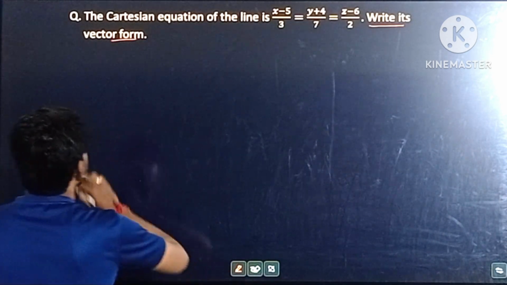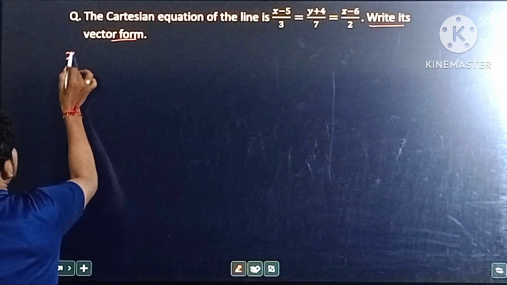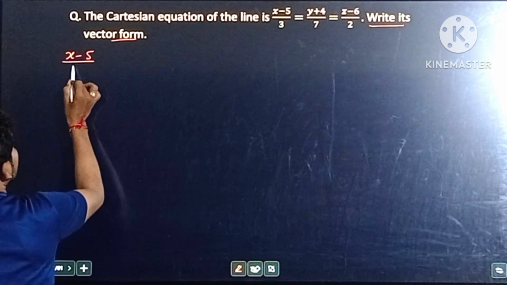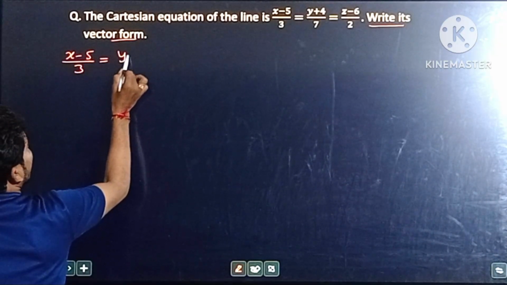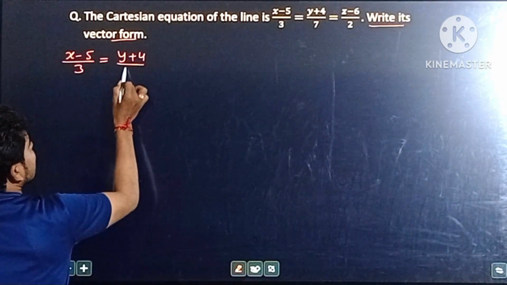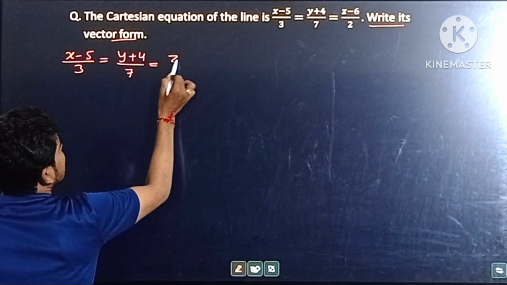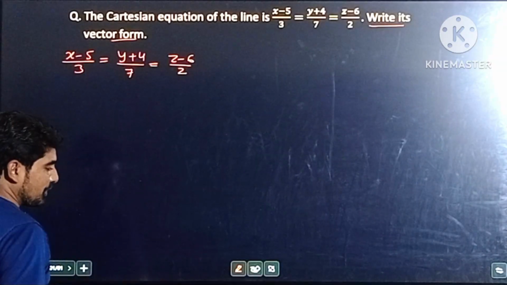So, in this question, the Cartesian equation is (x minus 5) divided by 3 equal to (y plus 4) divided by 7 equal to (z minus 6) divided by 2.